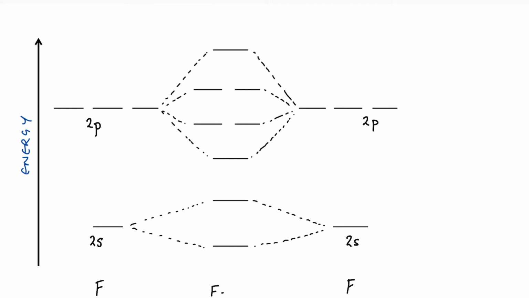And for my fluorine molecule, each of my 2s is going to combine to form a 2 sigma bonding orbital and a 2 sigma antibonding orbital. 2 because we're ignoring the first energy level. With our p orbitals, we've got two different things going on. First of all, let's consider our pz orbitals.